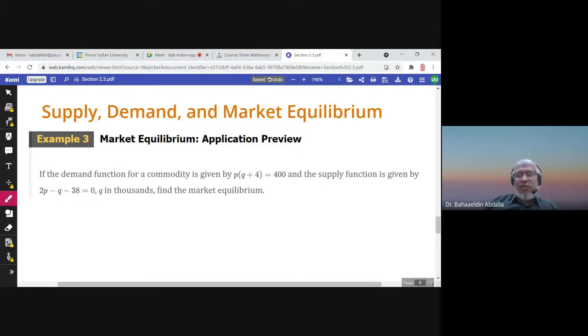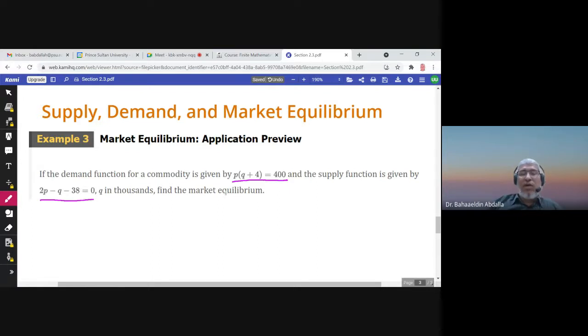Same idea when we deal with supply, demand, and market equilibrium. This is an example: if the demand equation is given by this, P is the price, Q is the quantity, and the supply function is given by this, Q in thousands. Find the market equilibrium.